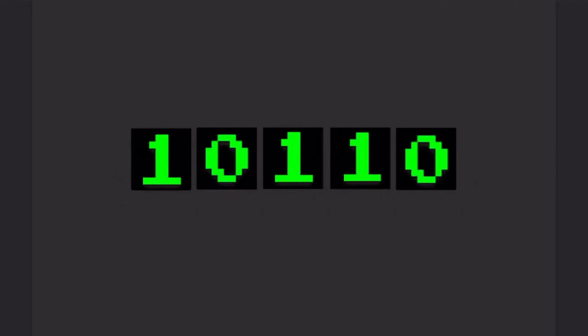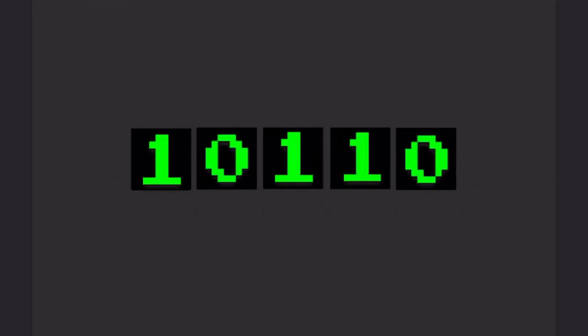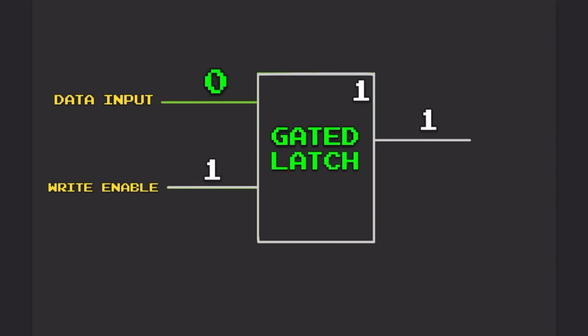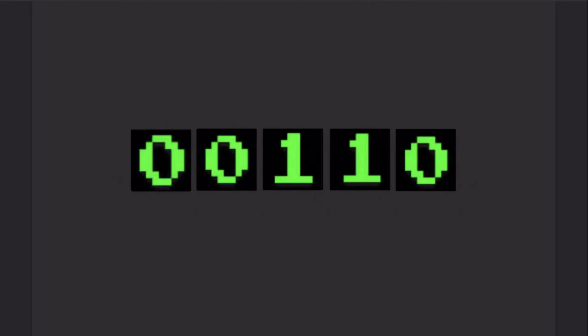A register consists of a group of latches, with each latch capable of storing one bit of information. An n-bit register has a group of n latches and is capable of storing binary information of n bits. The latches hold the binary information and gates control when and how new information is transferred into a register.